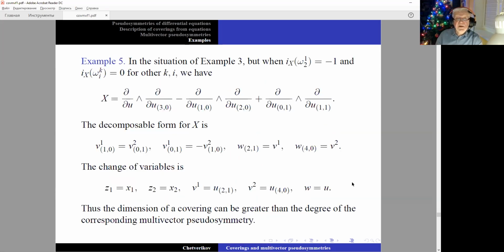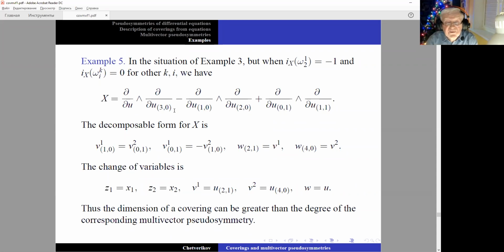Example 5. In the situation of example 3, but where this equality holds, we have X equal to a vector field.